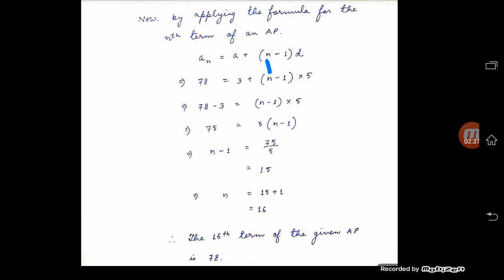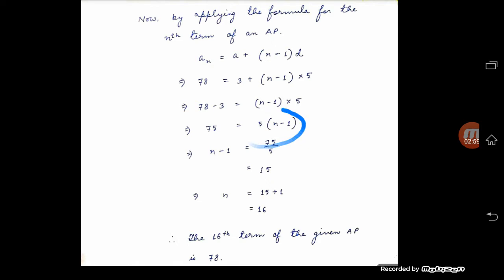Now, in the next step, 3 will go to this side. It will be 78 minus 3, equals n minus 1 into 5. In the next step, 78 minus 3 will become 75. 5 into n minus 1 will remain as this.